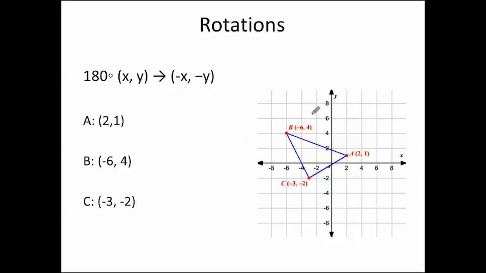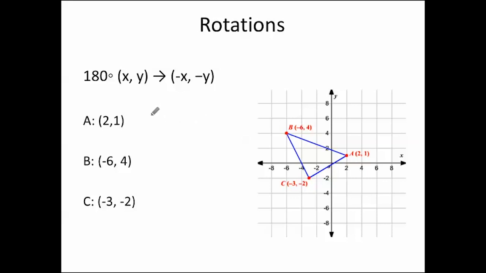Now, the interesting thing with 180 degrees, well, there are 360 degrees in a circle. So if we go 180 degrees clockwise or 180 degrees counterclockwise, it will result in the same position. So you actually will not be told clockwise or counterclockwise because either way, it will result in the same image.